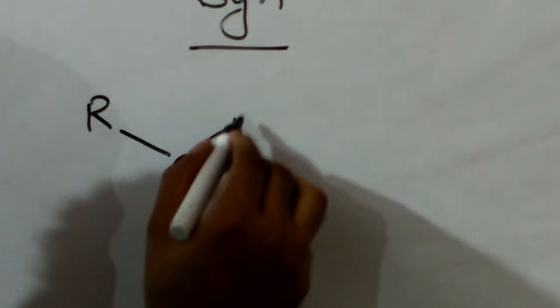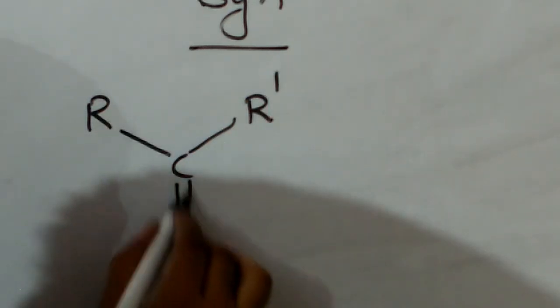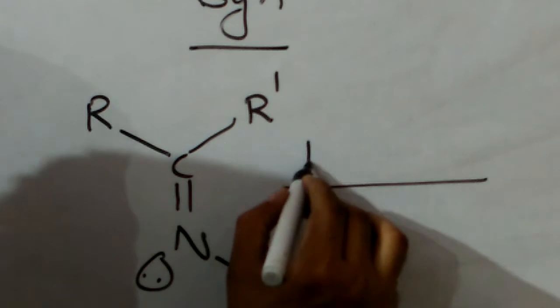And if H and OH are on opposite sides, then it will be anti form. But for ketoximes, both anti and syn forms are present. OH is here, syn to R dash and anti to R, and to find this we can use Beckmann rearrangement reaction.